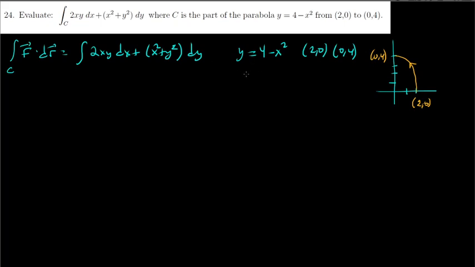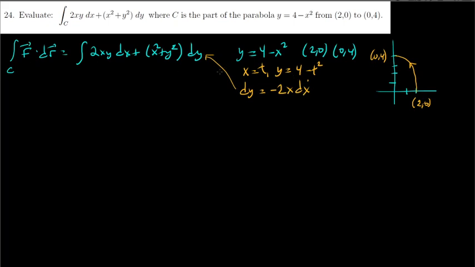As far as your parameterization goes, we might as well just use x equals t and y equals 4 minus t squared. This is a happy coincidence because it works out. If you take dy, you just get negative 2x dx. So we can use that here.